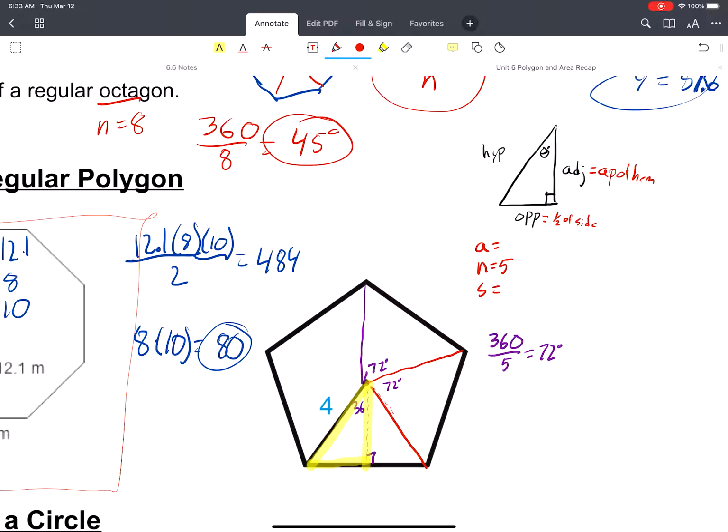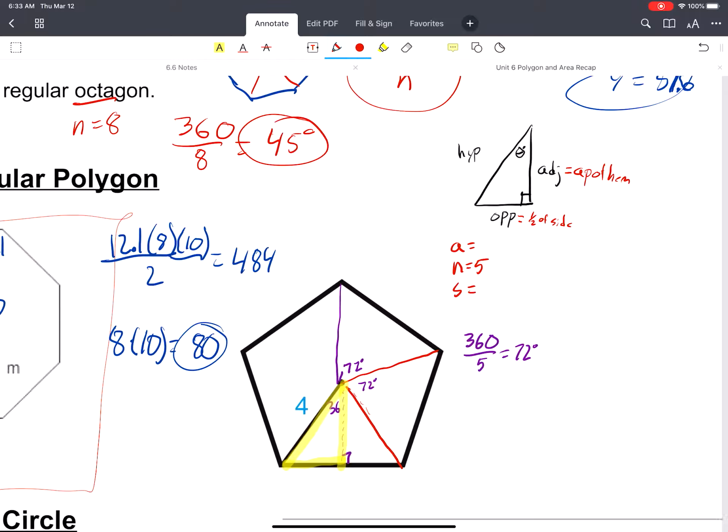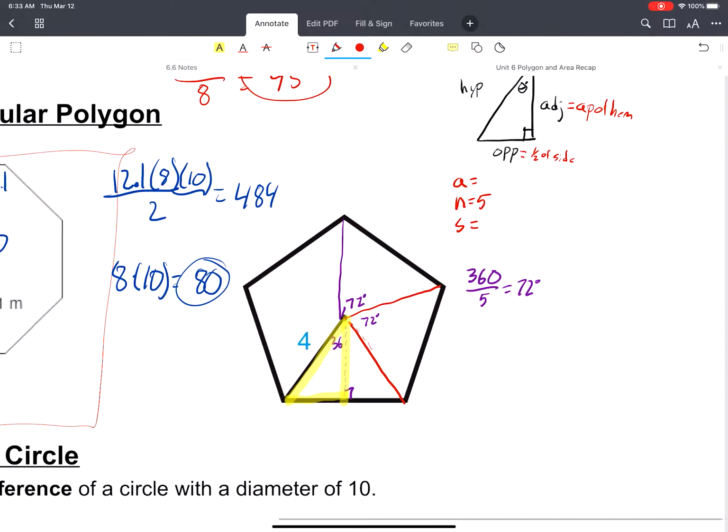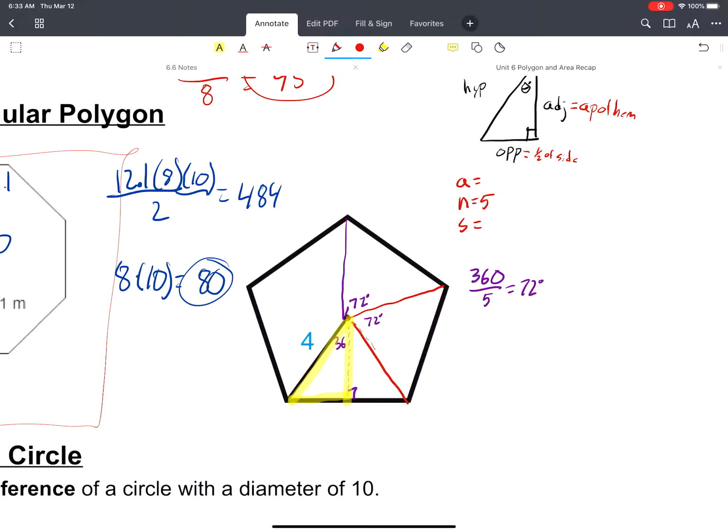So if I can figure out what my apothem and my adjacent is, or my opposite side and my adjacent side, I should be in good terms as far as plugging into our A times N times S divided by 2. There's a couple of different strategies that we could use for that.